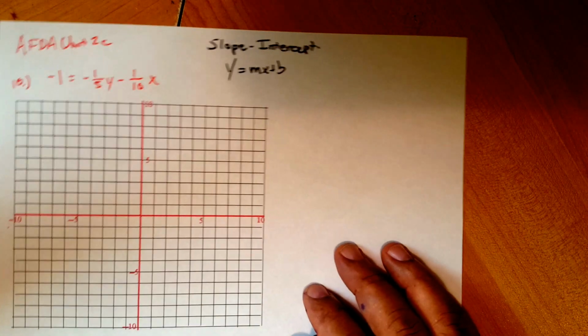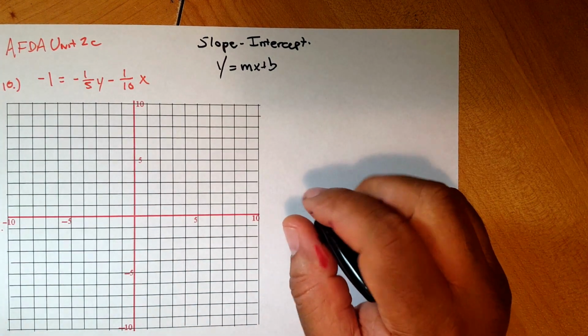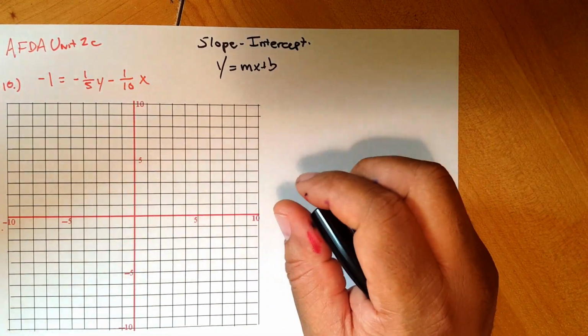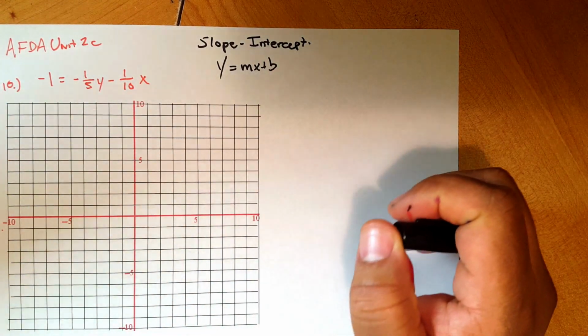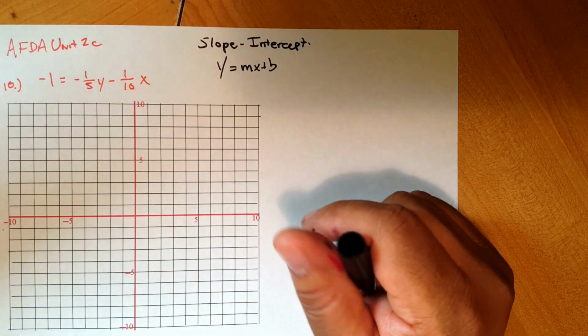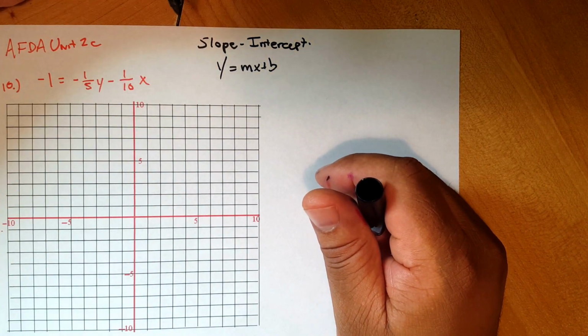So a lot of you know this, you just don't know the name of it. Memorize the name of it, because when I refer to it in class, I'm not always going to write y equals mx plus b. It'll just be slope intercept form. So get used to that terminology, make sure you use it, make sure you talk about it, and make sure you're aware of it, so that you're not lost in class.